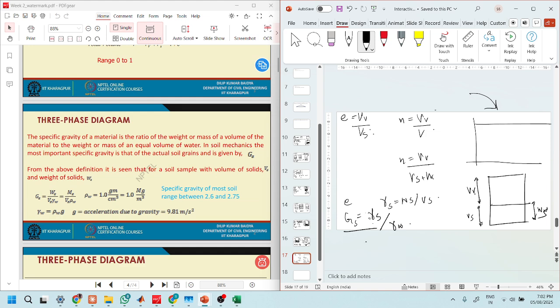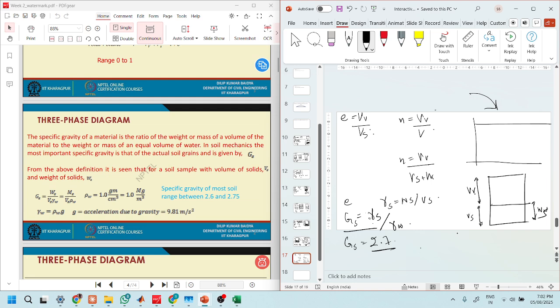So basically, a specific gravity of 2.7 means that the material is 2.7 times denser than water. Not the porosity way, because you know that water is contained, but the particles of this material are 2.7 times denser than particles of water.